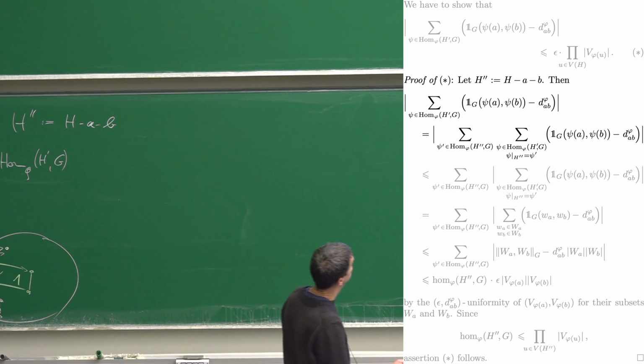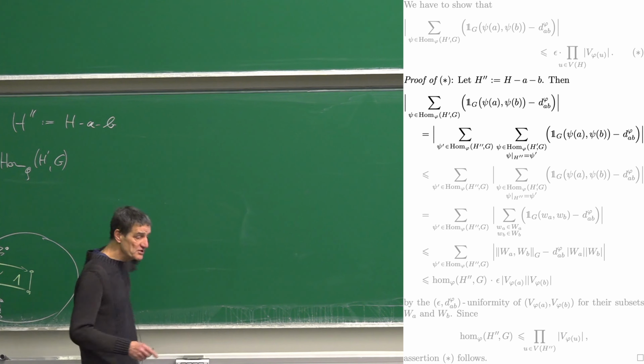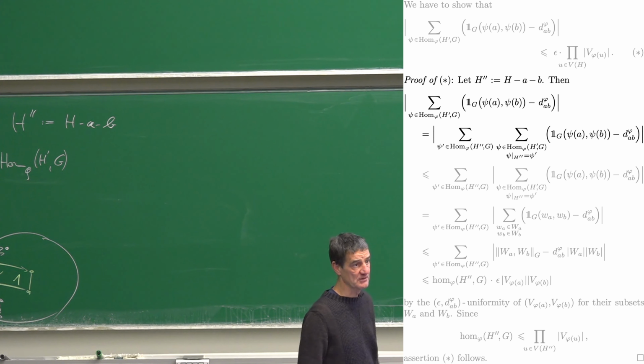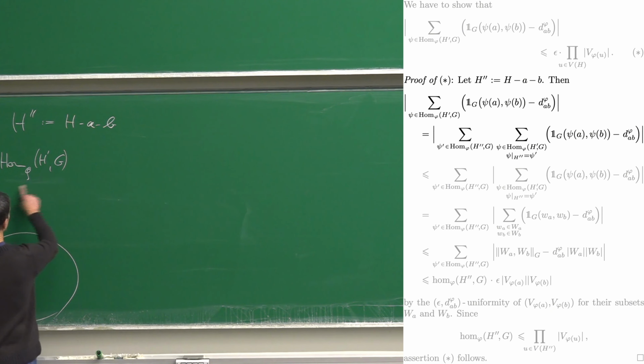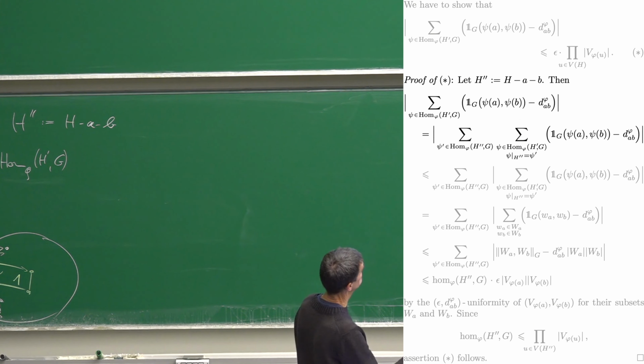Let's call those psi prime. We're summing over all the psi prime homomorphisms from H double prime to G. And then we look at which of those extend to a homomorphism of H prime to G. First, we map all the other vertices, other than A and B, to G, and then we see how we can extend that to get the homomorphism from H prime to G that this sum is all about.